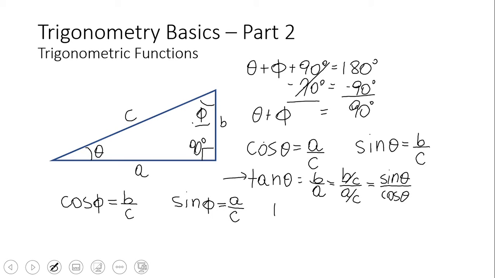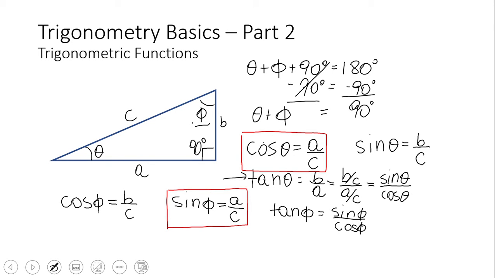And clearly, the same identity holds for the tangent, so the tangent will be the sine of phi divided by the cosine of phi. But now there's a nice relationship between the three trigonometric functions that we defined in terms of the angle theta and the three trigonometric functions that we defined in terms of the angle phi. Notice here that the cosine of theta is A over C, but that is the sine of phi.